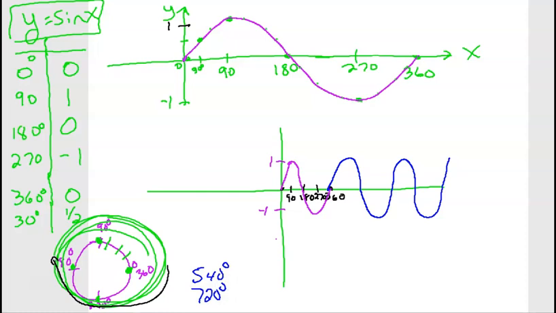And then I can also go in the negative direction. So it would look like negative 90 degrees, negative 180, negative 270, negative 360, and then it would just literally go down to negative 1, back to 0, up to 1, and then again, it keeps going, the sine function keeps going, okay?